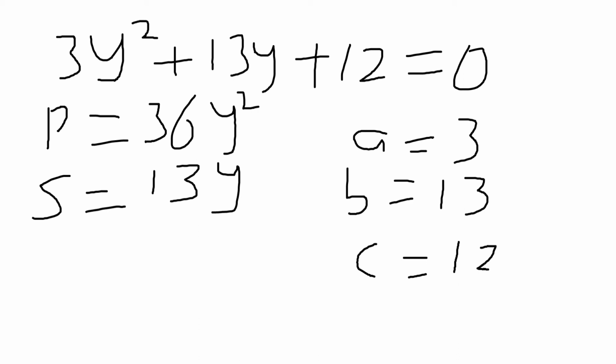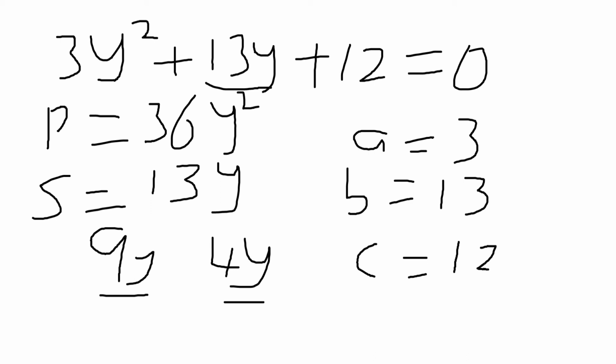Well, these two numbers can be positive 9y and positive 4y. So we take these two numbers and put them in position of 13y. So let me take another page.